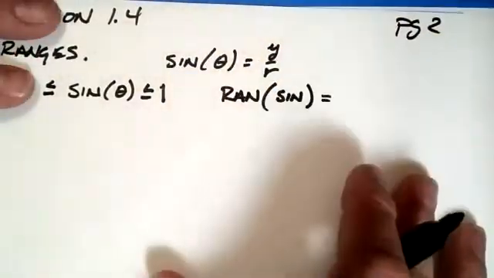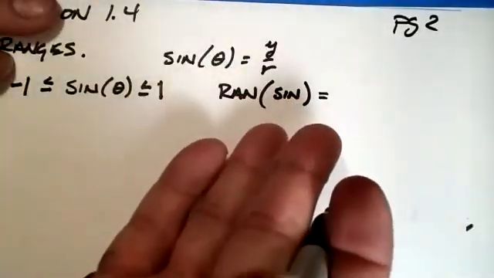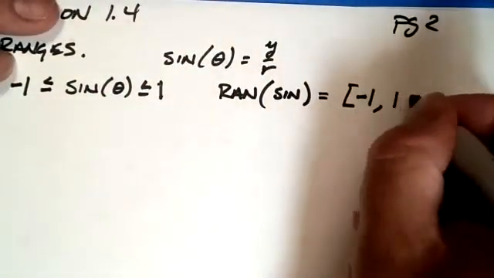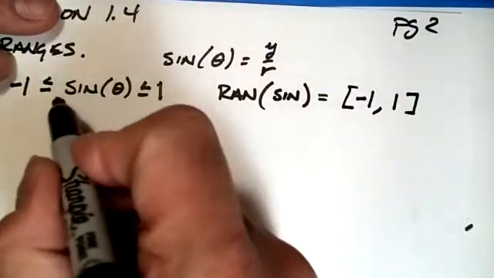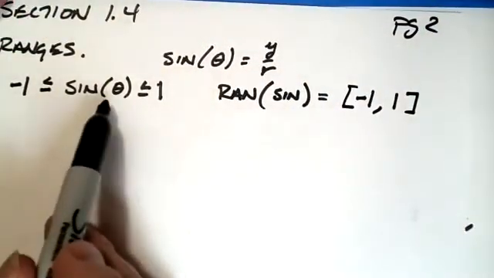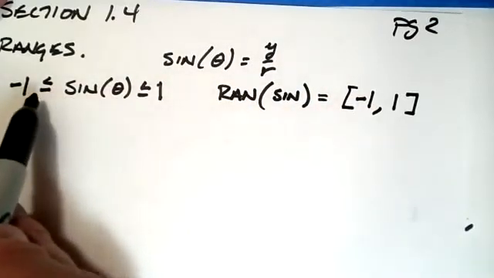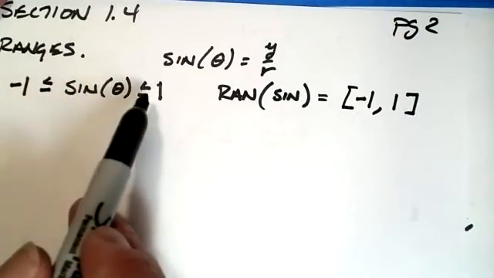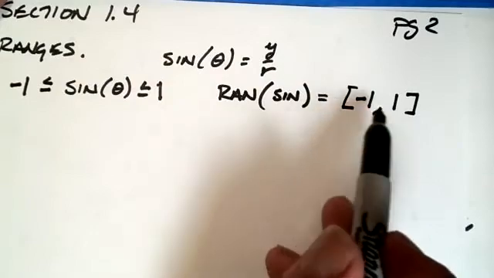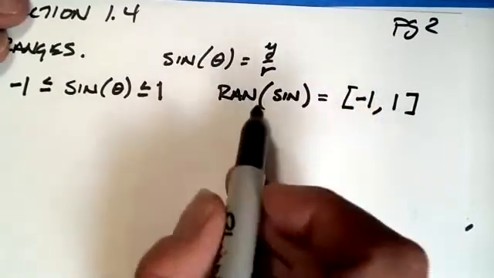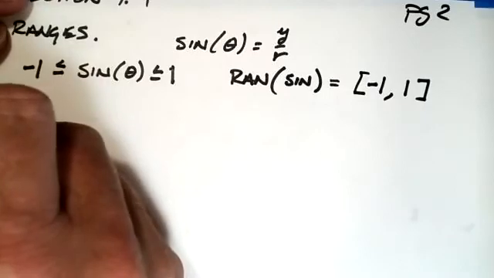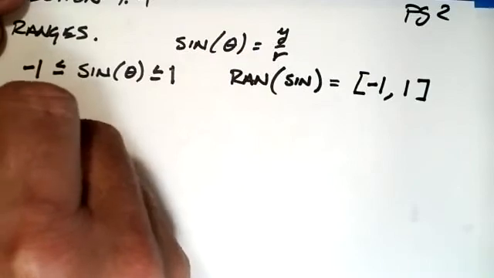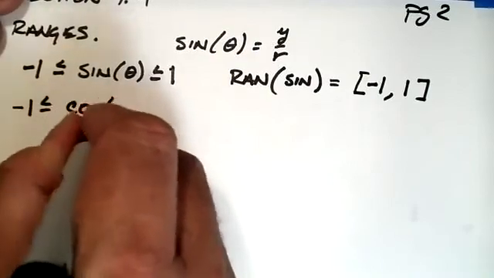But you'll get more familiar with this as I do it. I'll do it side by side, and then I'll simplify it to this. So basically, you can have any number between 1 and -1 as an output for sine. Remember, these two statements here are equivalent, right? When you say that a function of a variable is between -1 and 1 inclusive, it's equivalent to this interval. So the range is that interval. Similarly, if you think about how cosine works, it's the same sort of thing. It's between -1 and 1.